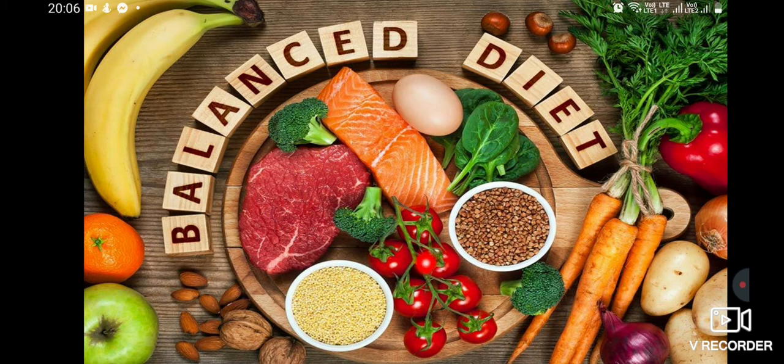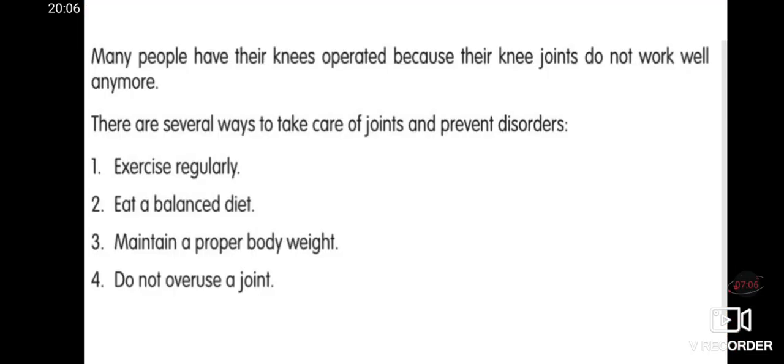A balanced diet is one in which all the nutrients are present in appropriate amounts. Maintain a proper body weight. We should maintain a proper body weight and not overuse a joint.